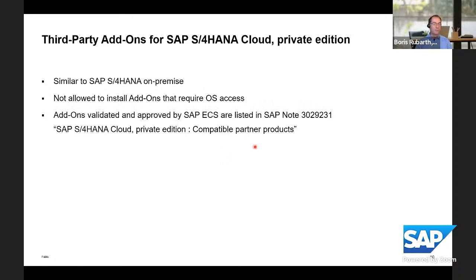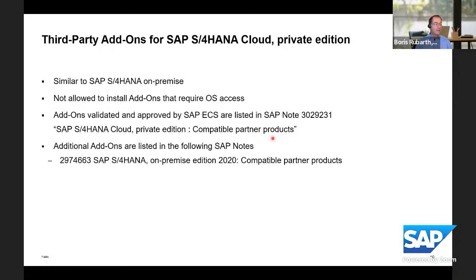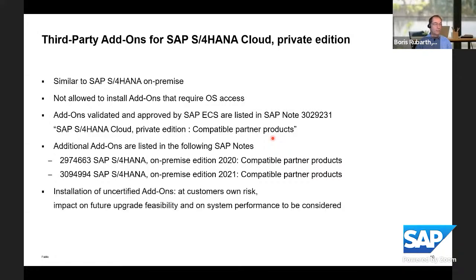There is a SAP note that lists the validated and approved add-ons approved by ECS. Here in this SAP note for compatible partner products, there are two additional SAP notes on add-ons listed here for, in general, the on-premise edition of SAP S/4HANA and the installation of uncertified add-ons.